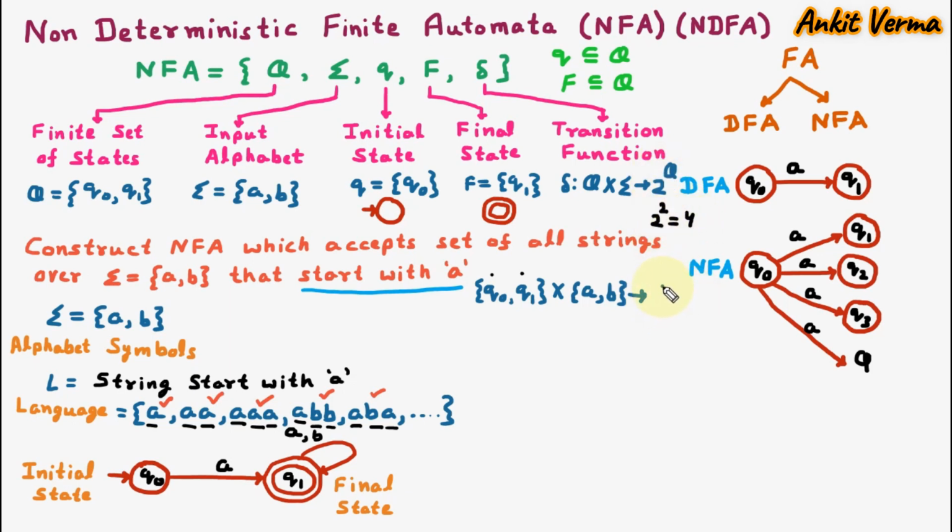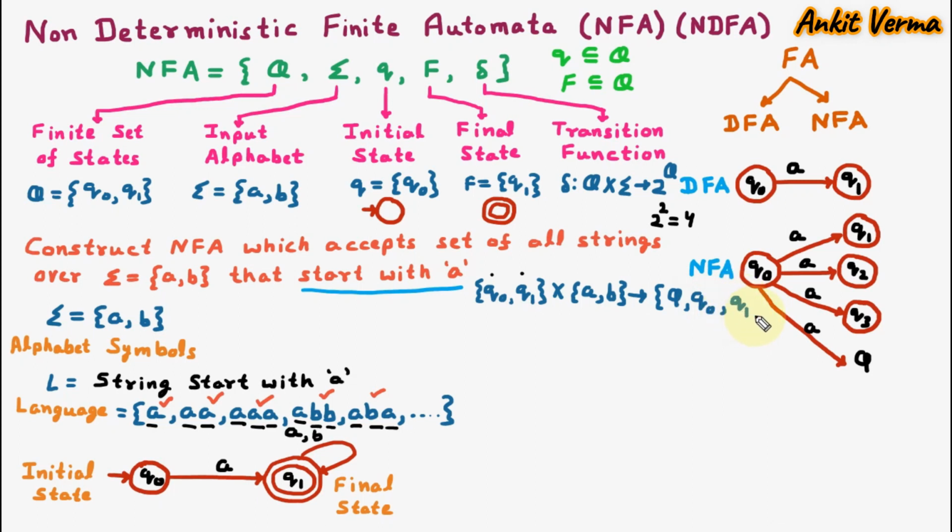So there are 4 possibilities. So I am taking a set here. We are having the states, we get some input, and we are having the possibilities here. The first possibility is that we are going to nothing, because in the NFA it is possible that we are going nowhere, which is represented by the phi. The second possibility is that we are going to the Q0. The third possibility is that we are going to the Q1.